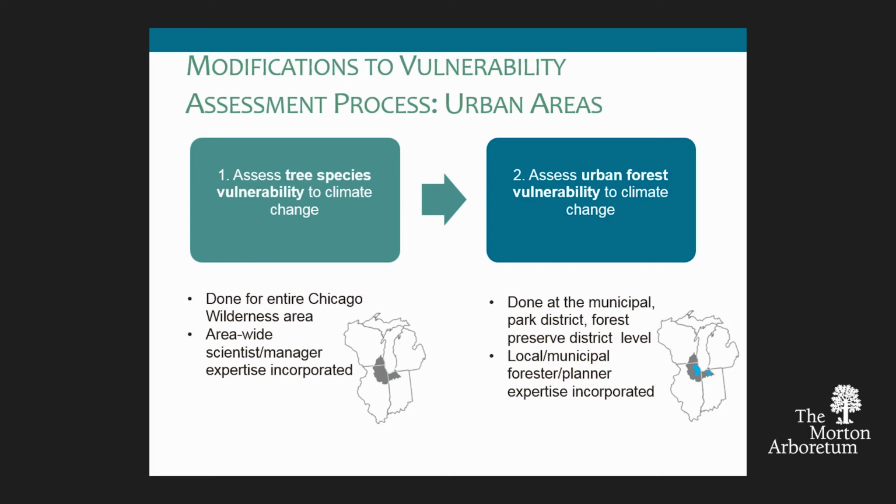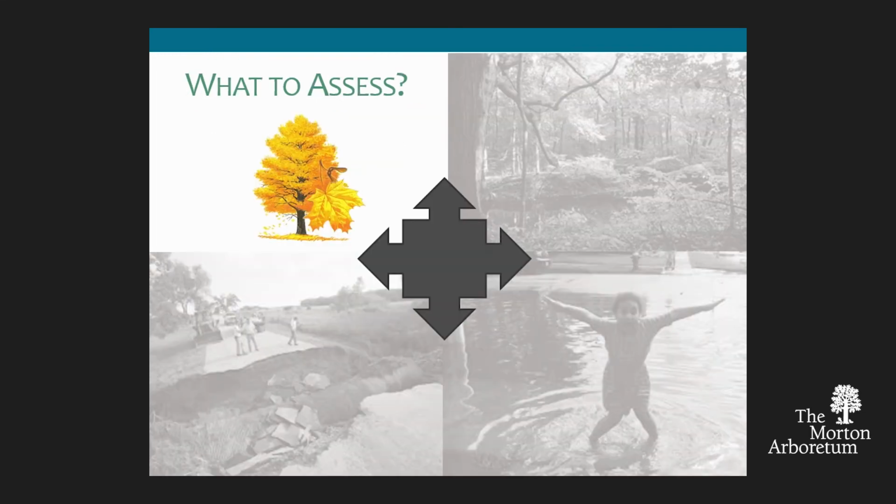And then we're assessing vulnerability of individual urban forests within that larger area in specific municipalities and forest preserve districts and park districts using case studies. So first I'm going to talk just about the tree component, and you will hear a couple of modeling talks later today talking a little bit more about that component.